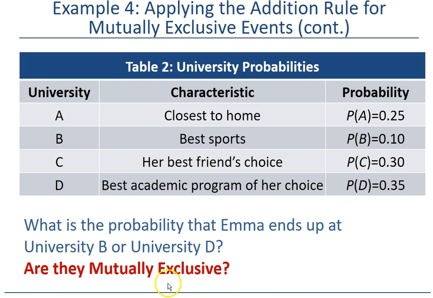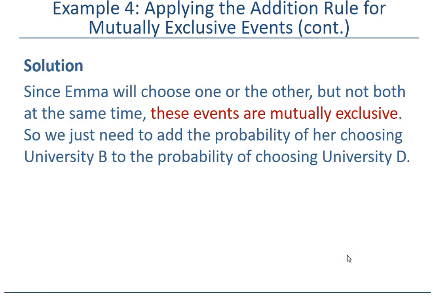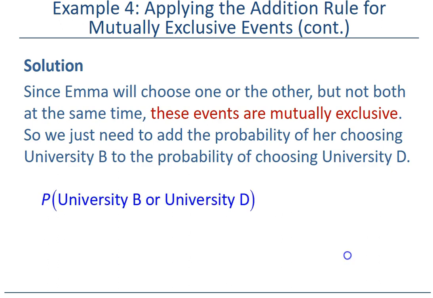I'm asking another question here. Are these mutually exclusive? Yes, you can't pick to go to 2 colleges, so she's going to pick one. They are mutually exclusive, and we said that. So we're adding our 10 and 35 and getting 45%. It's nice to have an easy one.